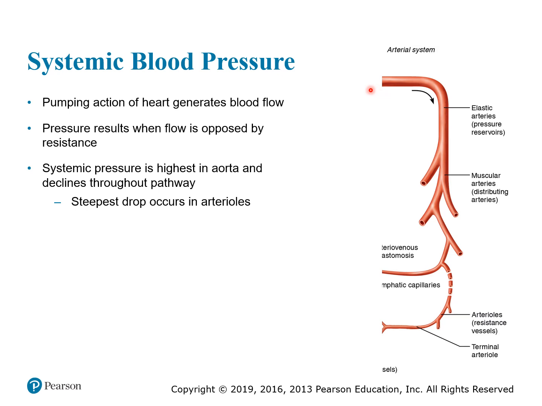It generates blood flow, and this is the blood flow which goes into the vessels, and the pressure results when the flow is opposed by the resistance. Systemic pressure is highest in the aorta and declines through the pathway, and the steepest drop occurs in the arterioles.